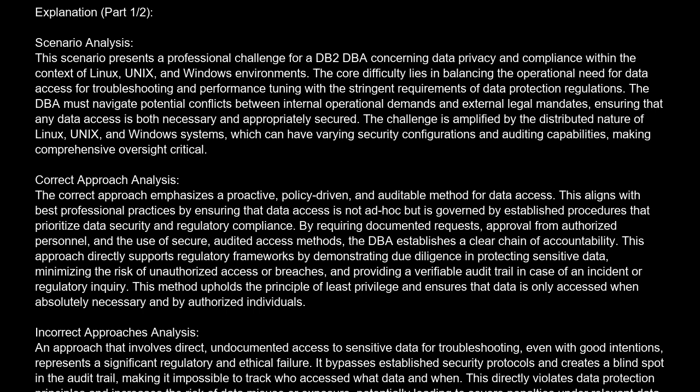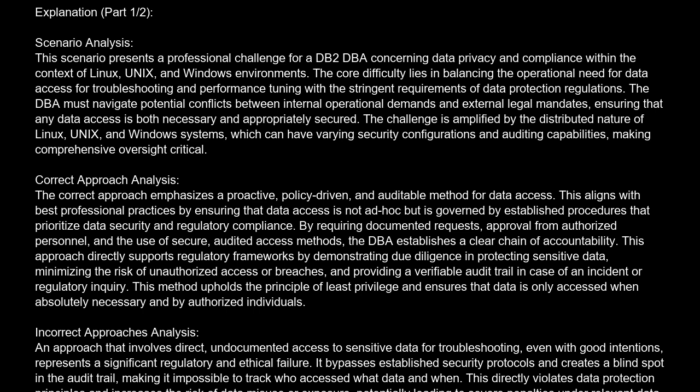Correct approach analysis. The correct approach emphasizes a proactive, policy-driven, and auditable method for data access. This aligns with best professional practices by ensuring that data access is not ad hoc, but is governed by established procedures that prioritize data security and regulatory compliance. By requiring documented requests, approval from authorized personnel, and the use of secure, audited access methods, the DBA establishes a clear chain of accountability.